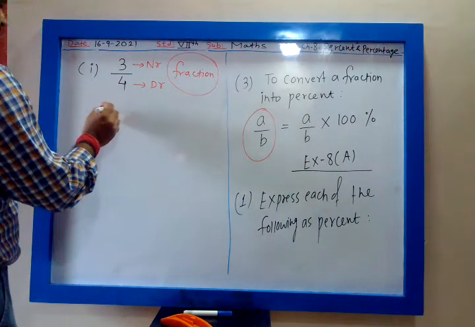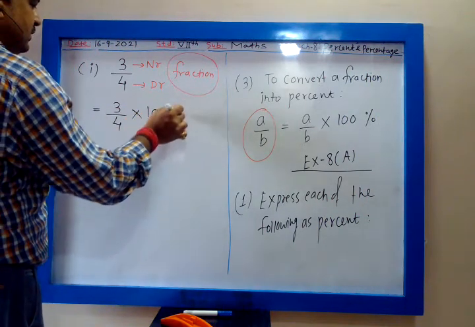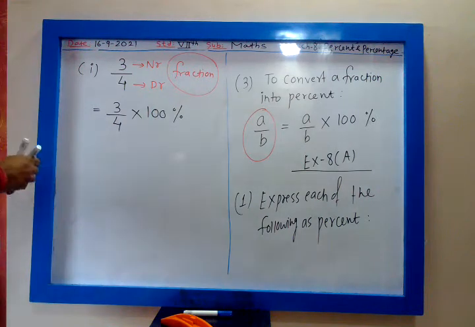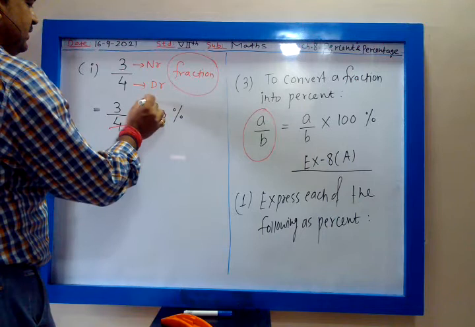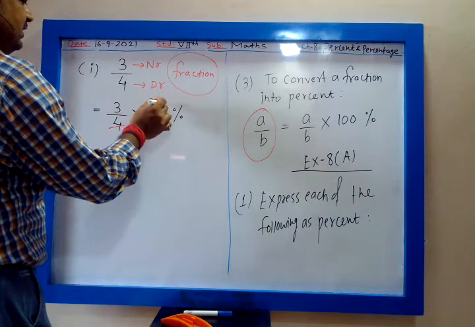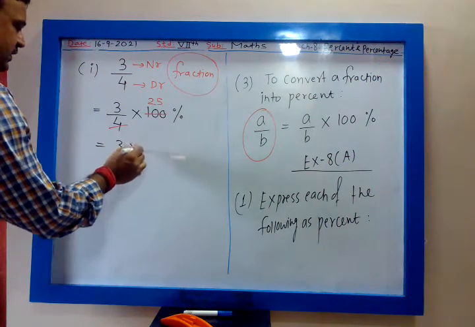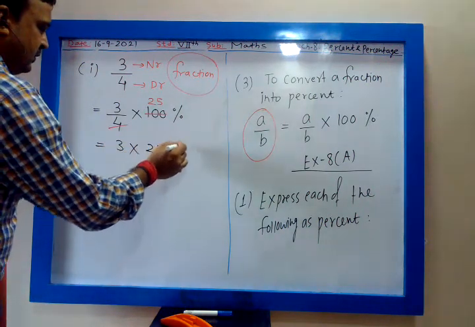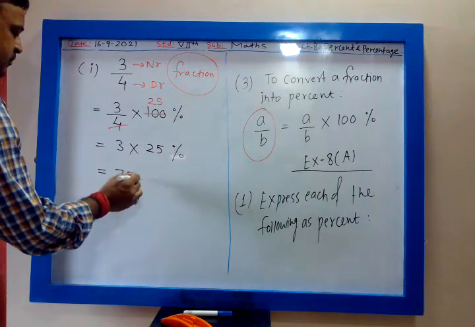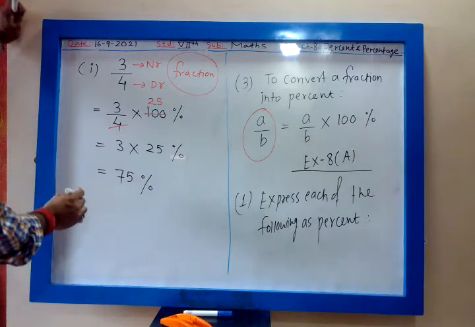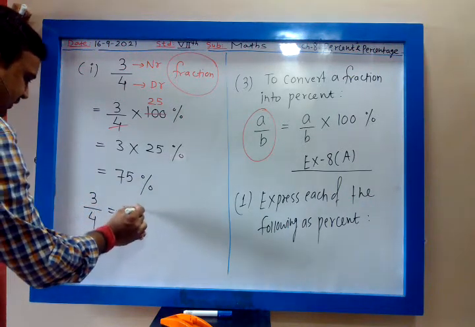So we write 3 by 4 into 100%. You can cancel 100 with 4. 4 1s are 4, 4 2s are 8, 4 5s are 20. So 3 into 25%, that is 75%. So this fraction 3 upon 4 I can write as 75%.